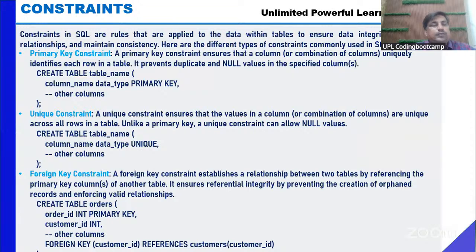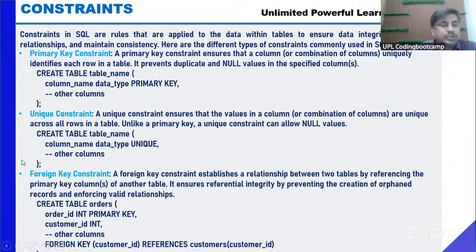Finally, what we have understood: constraints are rules by which the table structure can be defined. The first one is the primary key constraint, which is nothing but the column being unique and not null. This is the syntax: create table name, column name, data type, primary key.